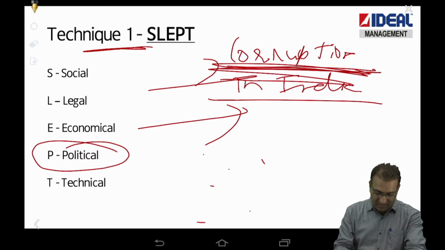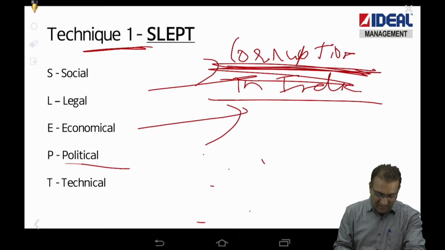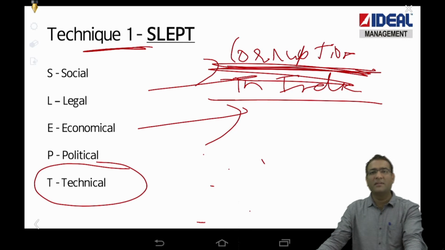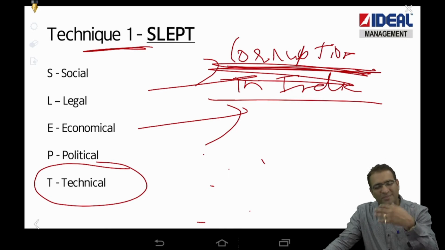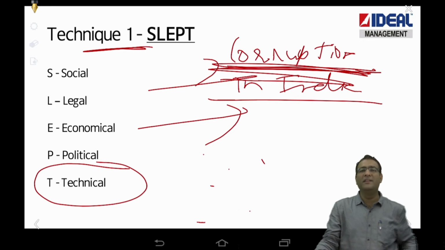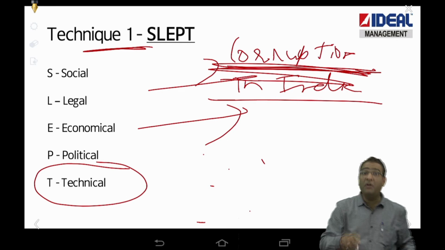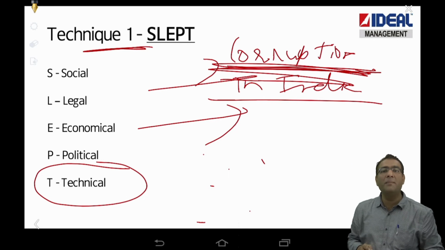The next one is a bigger one: technology. Trust me, 90% of the people will not talk on technology at all. But if you talk on technology, it will give you extra marks.